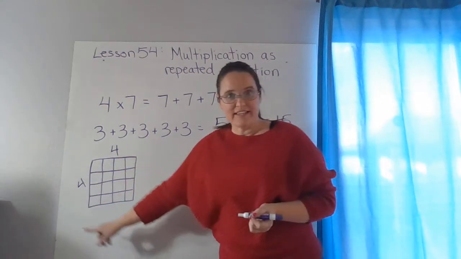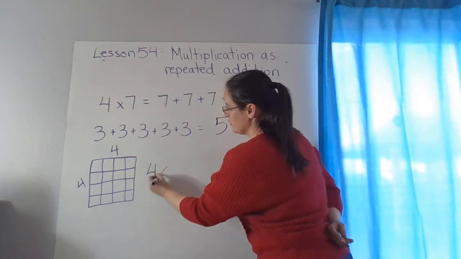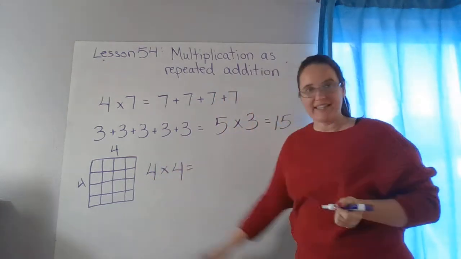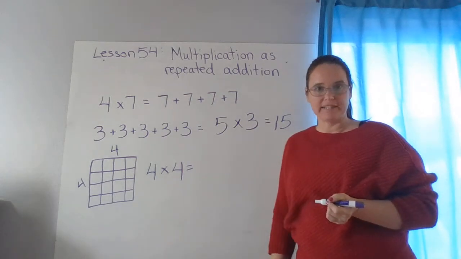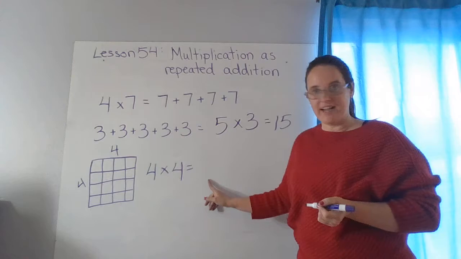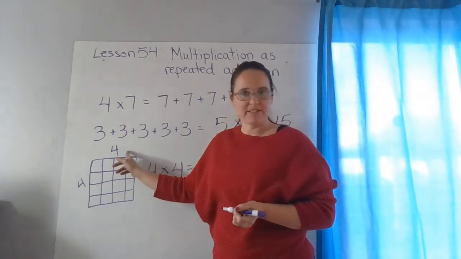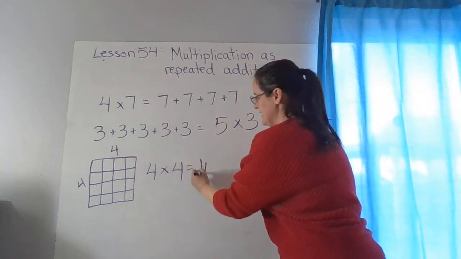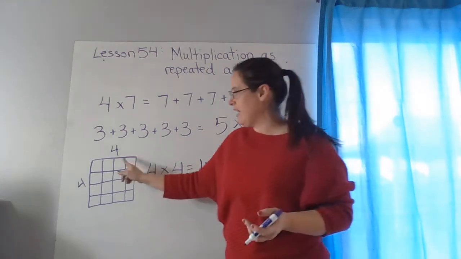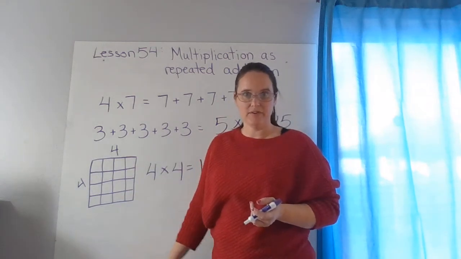So what I have in this picture here is 4 groups of 4, which is the same thing as 4 times 4. Once I've got this multiplication fact memorized, I can look at any shape like this and go, oh, 4 times 4 is 16, and I'll know the answer to how many little squares are inside the bigger rectangle, okay?